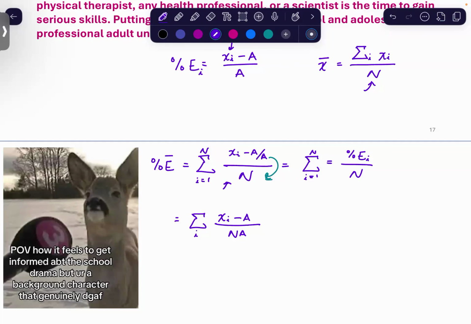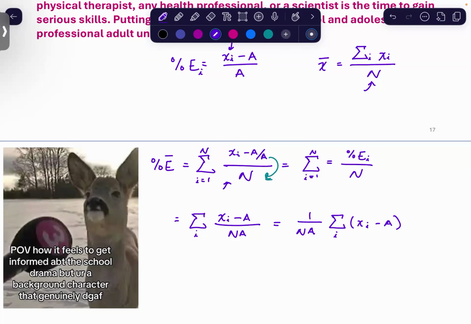Okay, now, one thing that you can do with sums is sums are not really worried about constants. So you can pull constants out. And in this case, 1 over n times a, that's just going to be 1 over a number times a number. That's a constant. Now I want to be careful. That's going to leave the sum of this. Now I know a is a constant. Okay. But I need to know if I have to leave the equation this way, or if I can simplify it more.